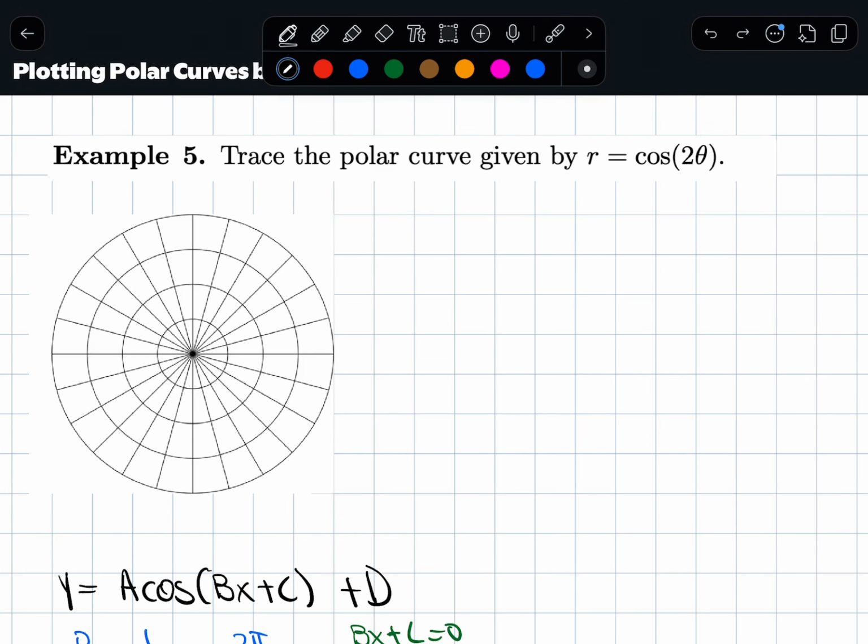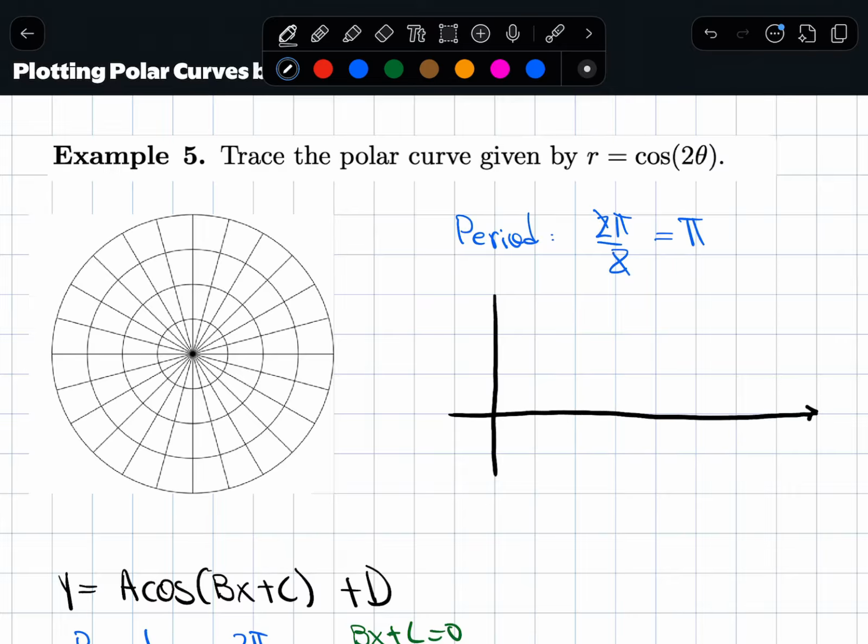So this function has no phase shift, so it will start at 0. The only change to this function is that it has a period of 2 pi over 2, which means pi. So how do I graph this? I generally go, and I have grid paper, so that helps me a lot.